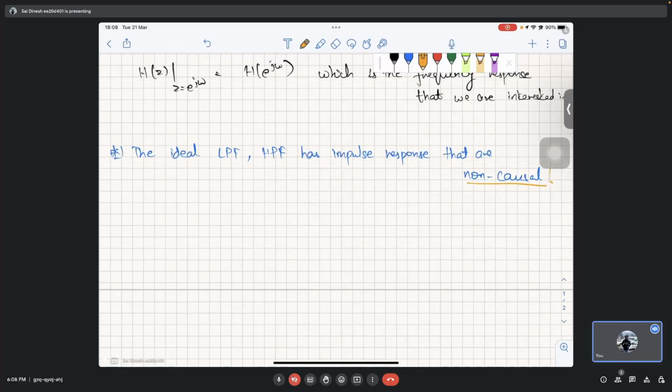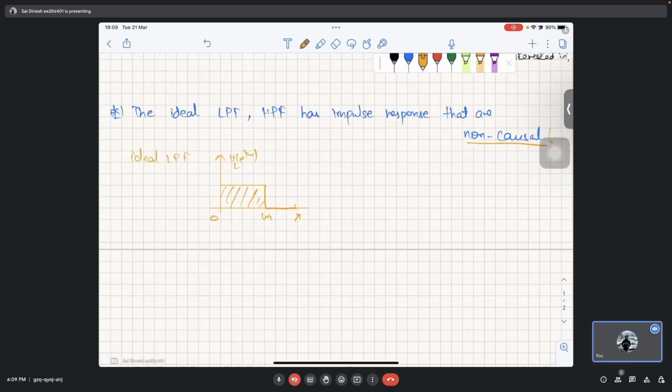So the ideal LPF is somewhat like this, from 0 to omega c up to pi. These are called the brick wall filters, and these cannot be realized because they violate the Paley-Wiener theorem on realizability. This is what we have discussed in the previous class.